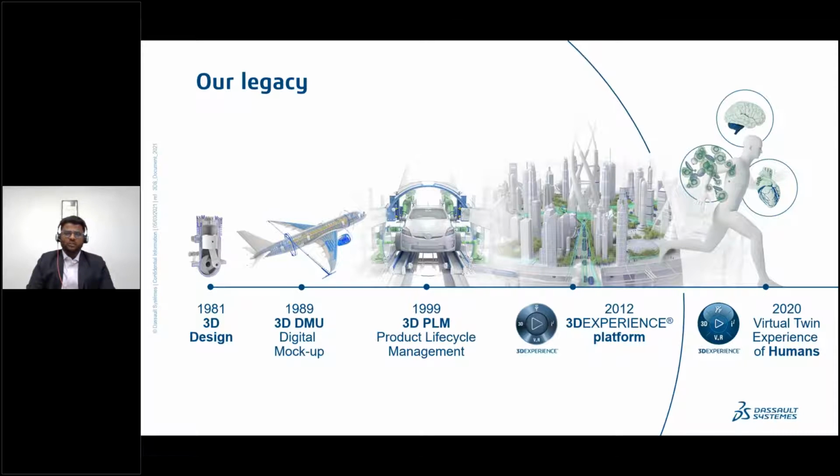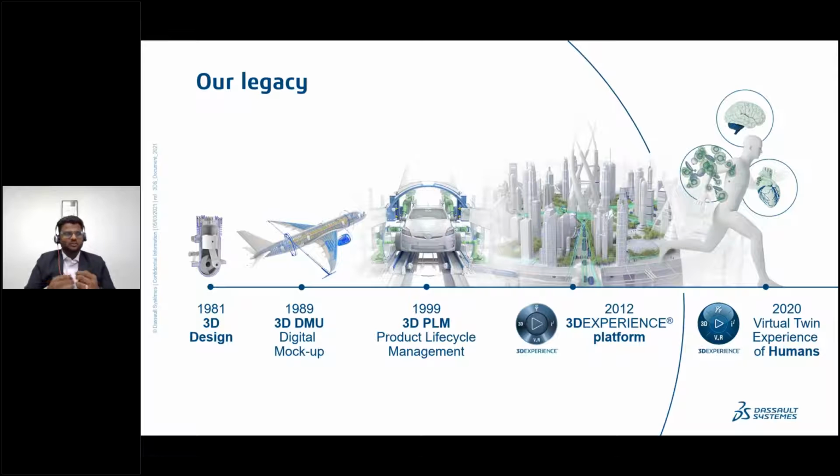We later integrated product lifecycle management within our solutions, in 1999, in collaboration with Toyota. Then we came up with our revolutionary tool, the 3D Experience Platform, back in about 2012.